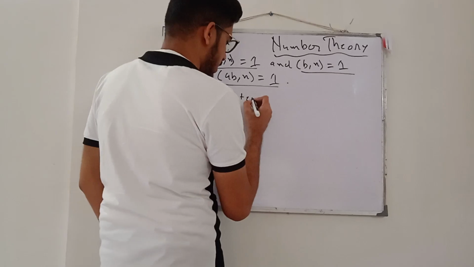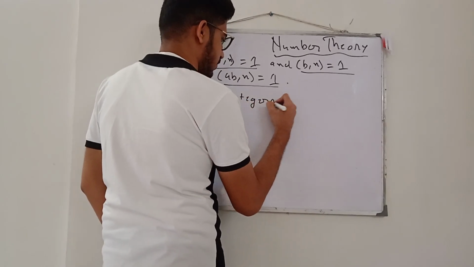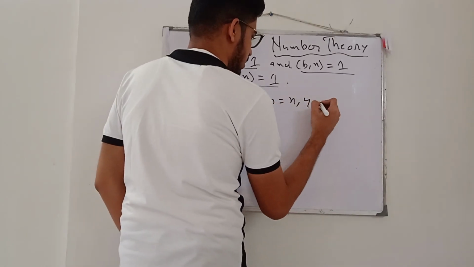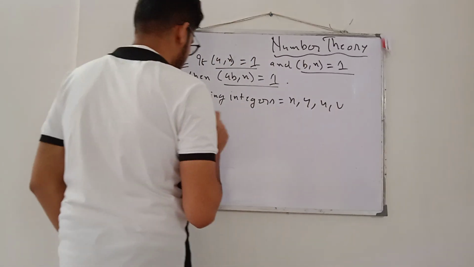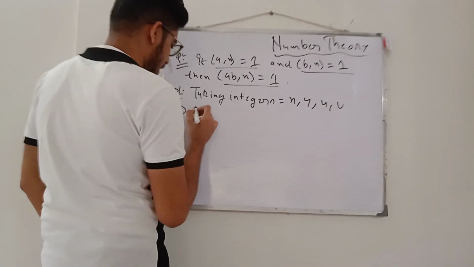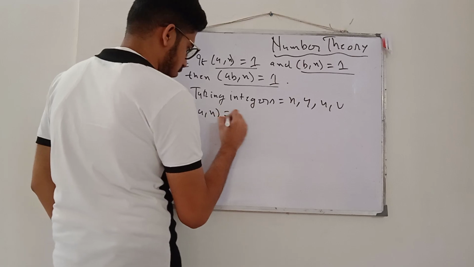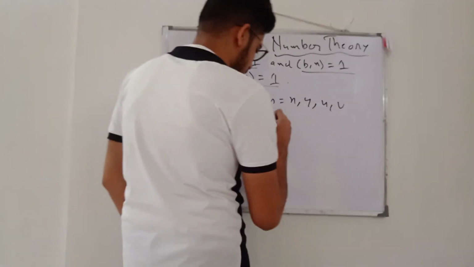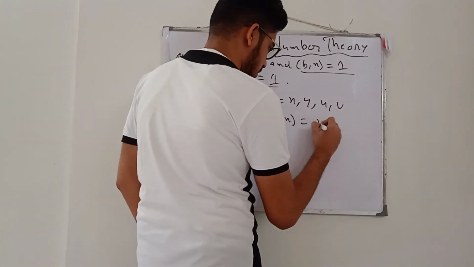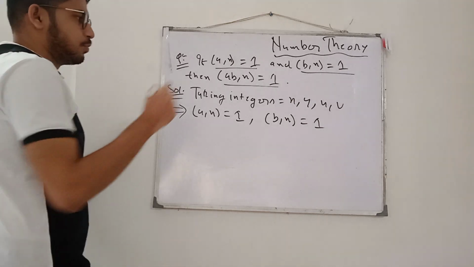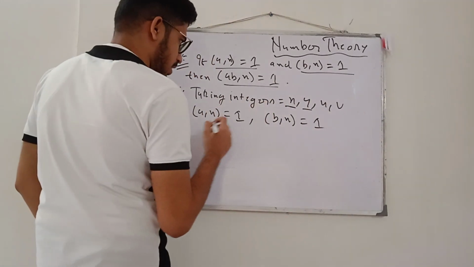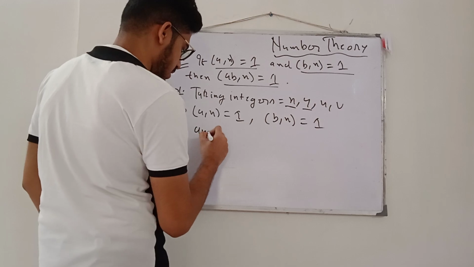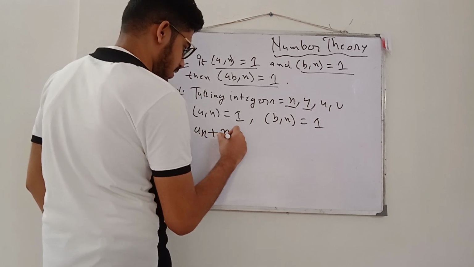Taking integers like x, y, u, and v. These abstracts we have taken. So now let me write gcd(a, n) is equal to 1, then gcd(b, n) is equal to 1. Now I am putting these integers x and y into this: ax plus ny.